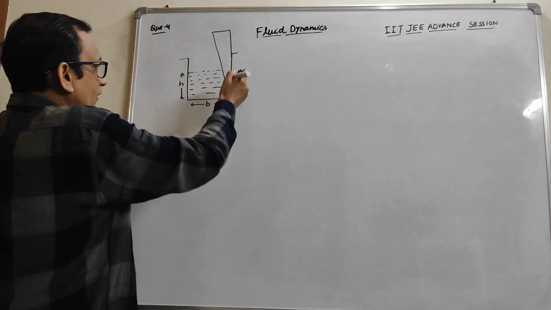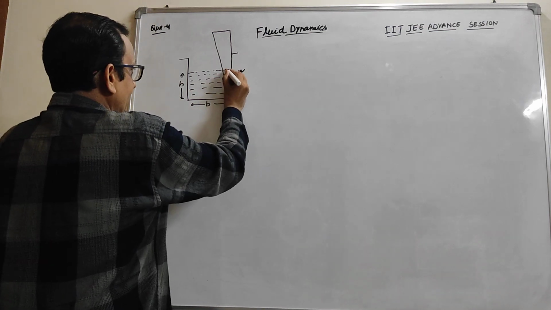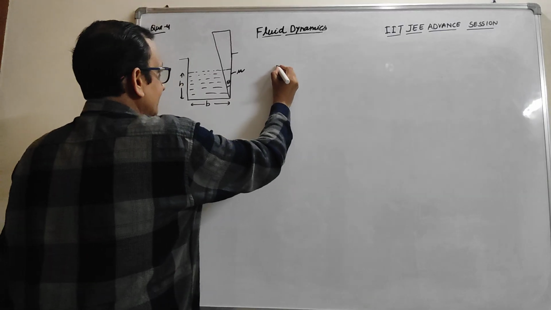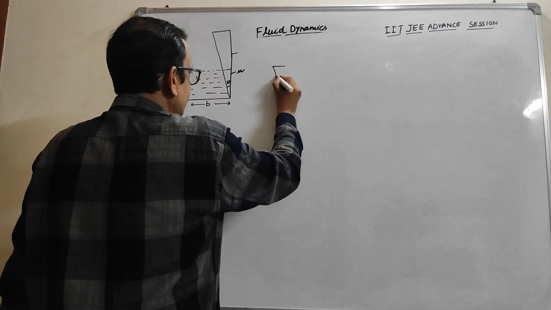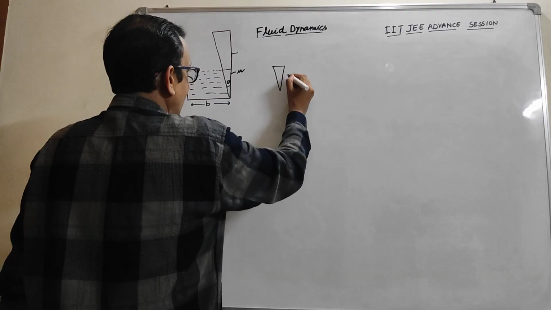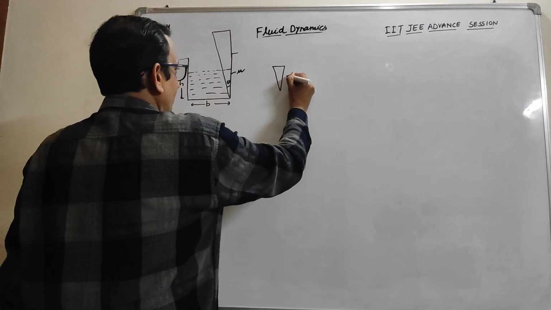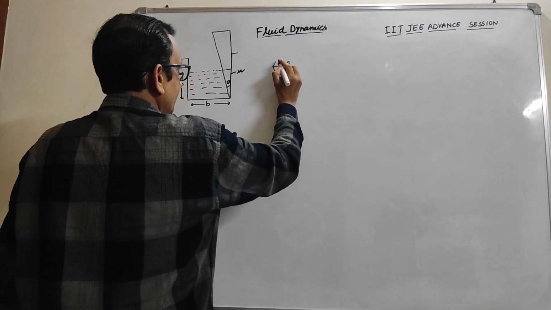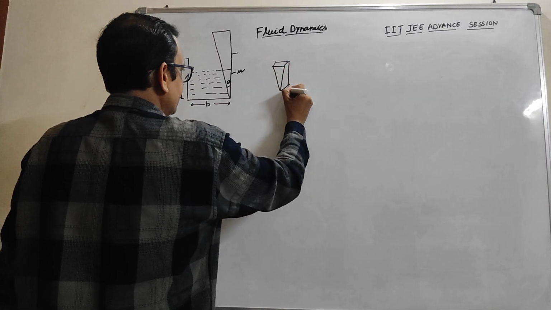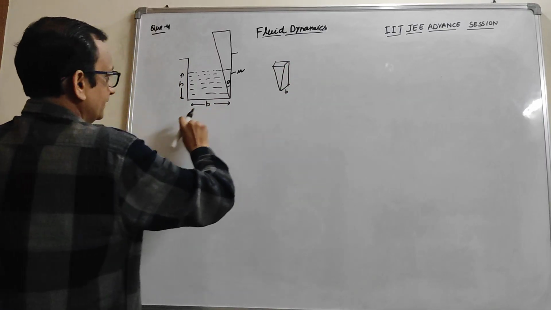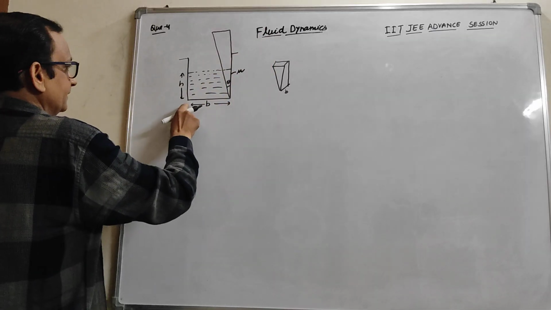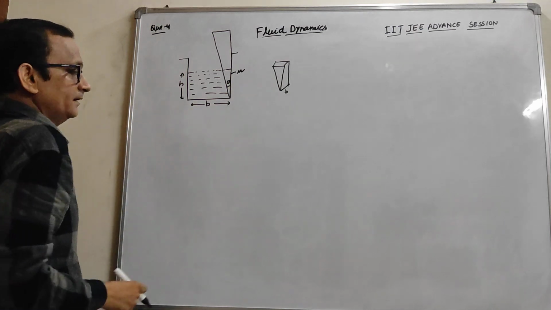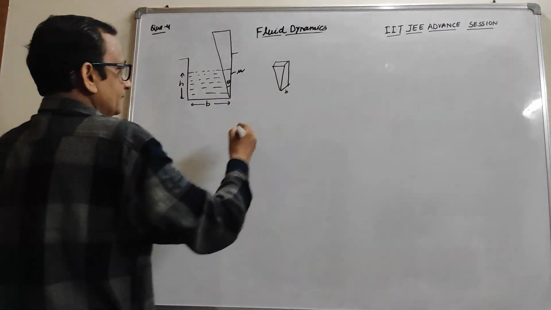So we draw that particular portion, for which the buoyant force is acting. Here this is height h, this is also height h. In 3D view, this is the block. This is width B, and the beaker's width is also B, so it covers the whole area.